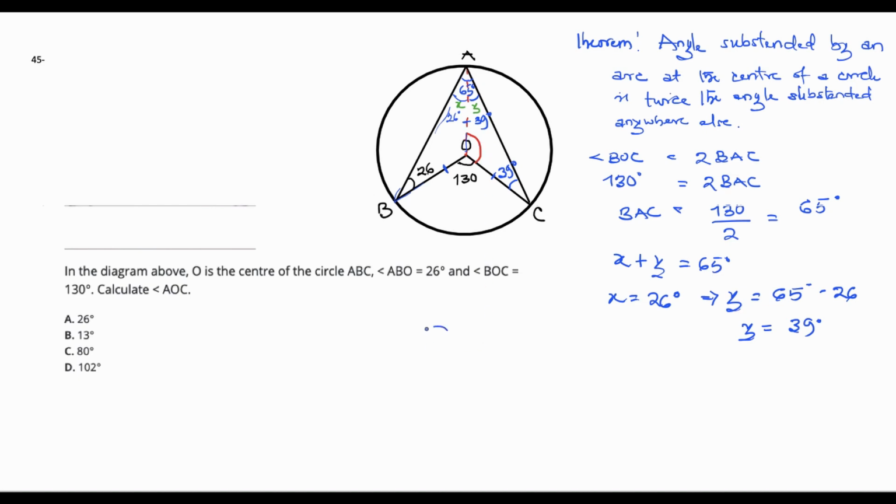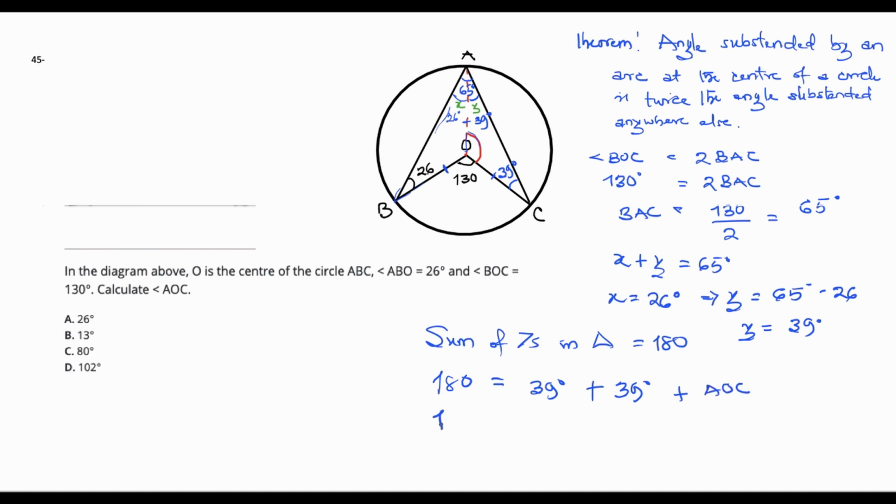But we know that the sum of angles in a triangle is equal to 180 degrees. So the sum of angles in this triangle is 180, which is equal to 39, this first 39, plus the second 39 here, plus the angle AOC we're requested to look for, which we don't know yet.